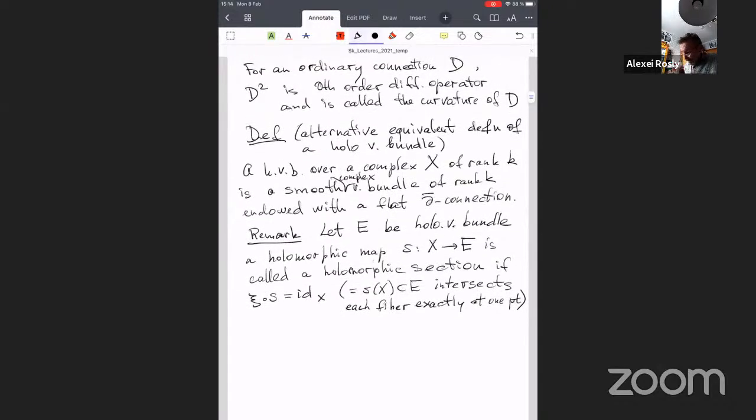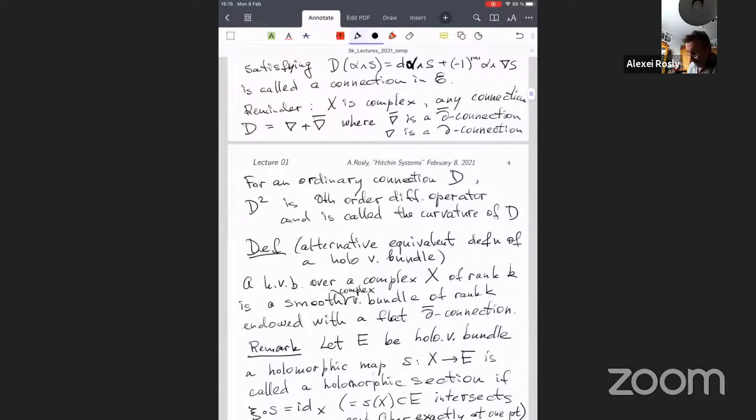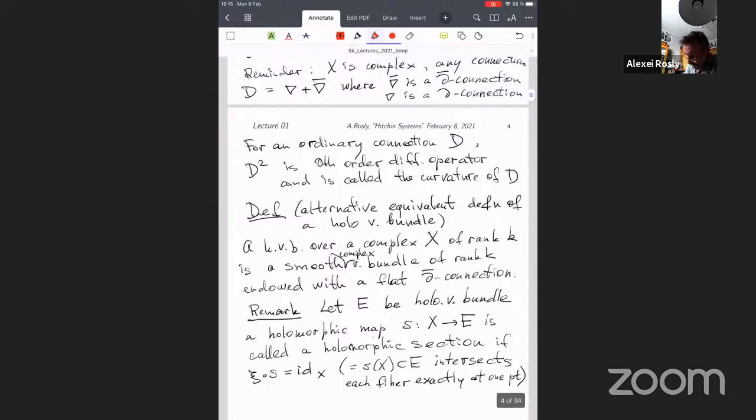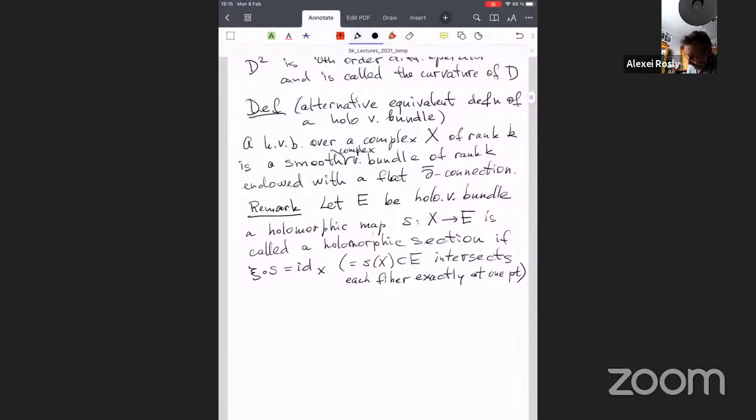All right. Now let us see what the definition of a holomorphic section is in the case of the second way of defining a holomorphic vector bundle. What I started with was formulated in terms of the first definition, right?